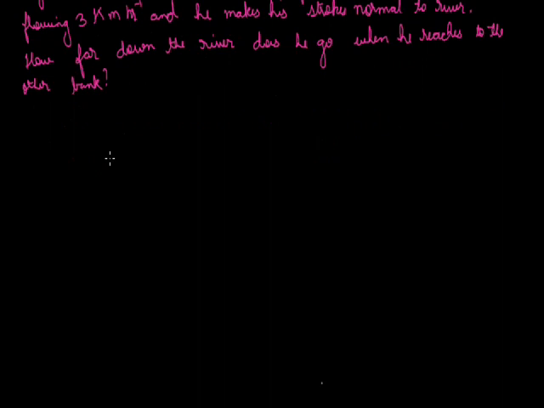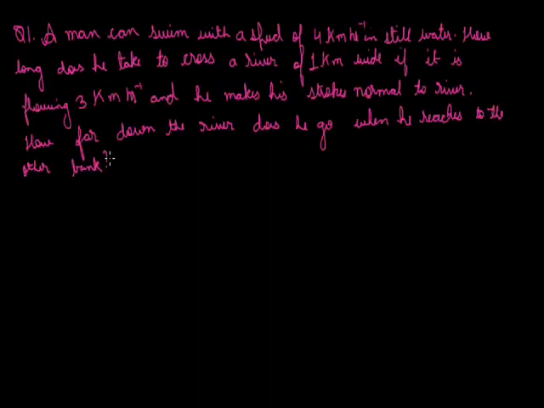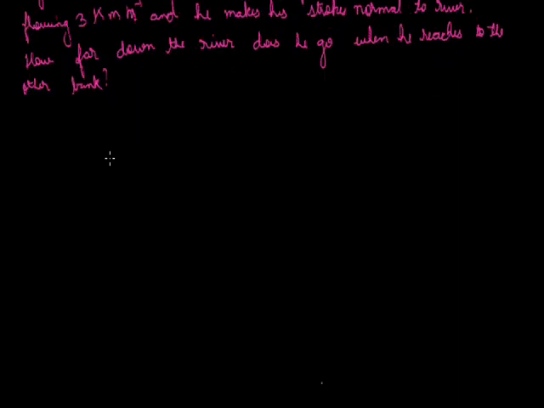We are given that a person is swimming with a speed of 4 km per hour, but the water in the river is flowing with a speed of 3 km per hour, and the width of the river which the man has to cover is 1 kilometer.